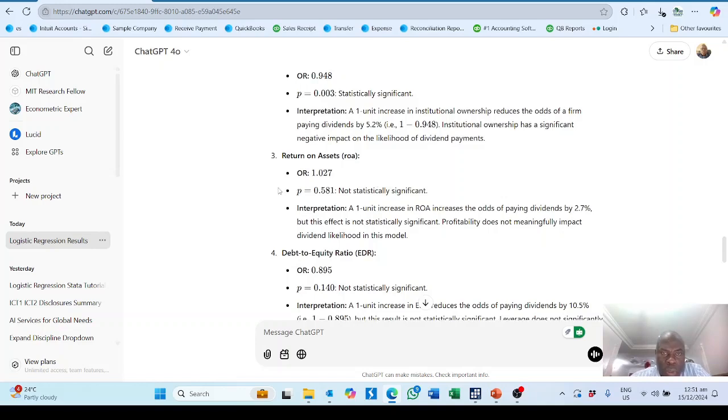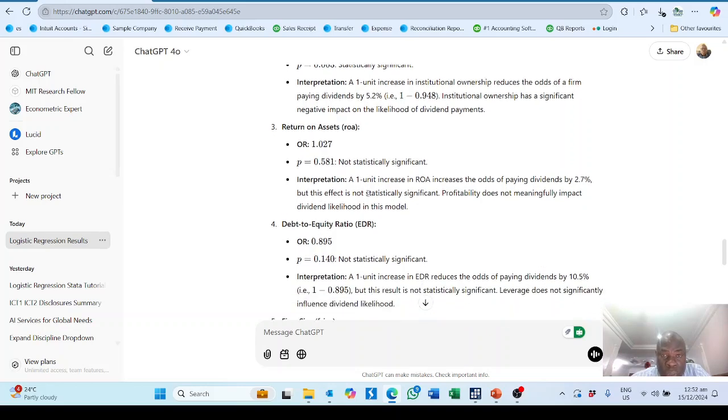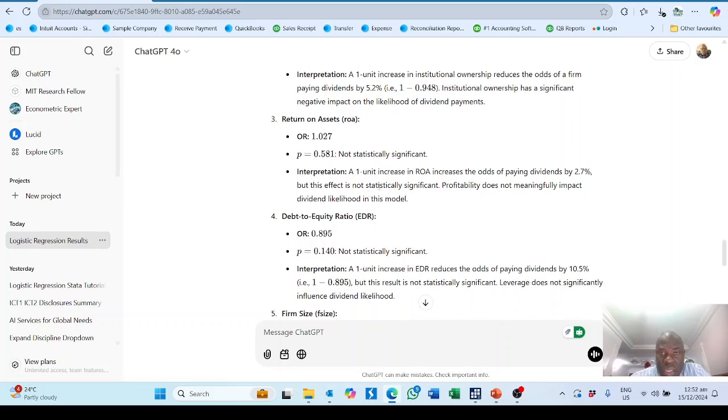Return on asset, ROA, has an odds ratio of 1.027 with a p-value that is not statistically significant, 0.51. Interpretation: a 1 unit increase in ROA increases the odds of paying dividends by 2.7%.